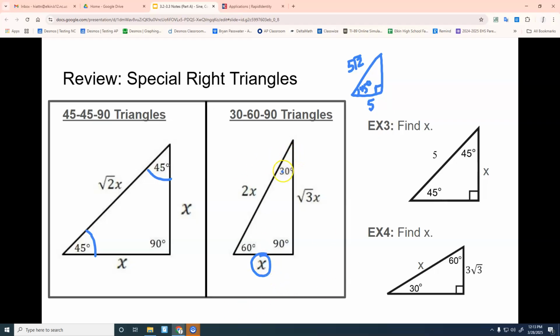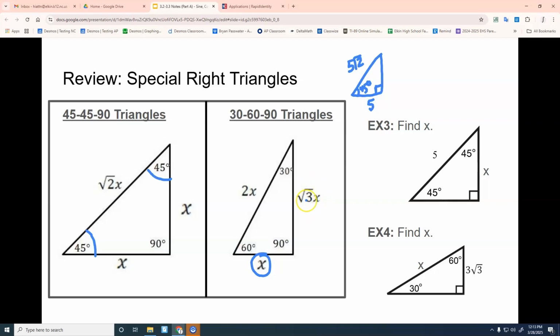The shorter one is always going to be across from that 30-degree angle. The longer one will always be across from the 60-degree angle. If you know this short leg, then all you have to do to find the hypotenuse is multiply that by 2, right? So if this side is 3, the hypotenuse is 2 times 3, which gives you 6.